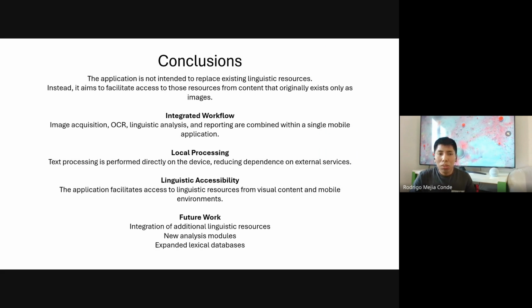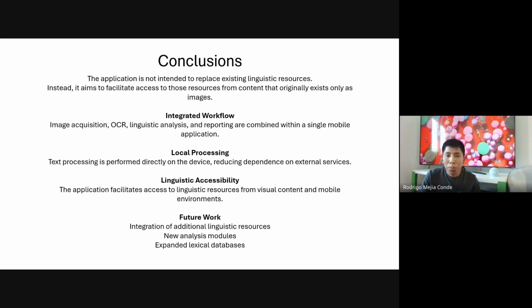And the conclusions. This application is not intended to replicate existing language resources. Instead, it facilitates access to resources from content that ordinarily exists only as images. The project integrates image text extraction, linguistic analysis, and reporting within a single mobile workflow. Processing is performed locally on the device, reducing dependency on external services.